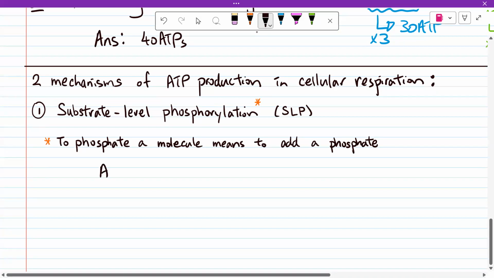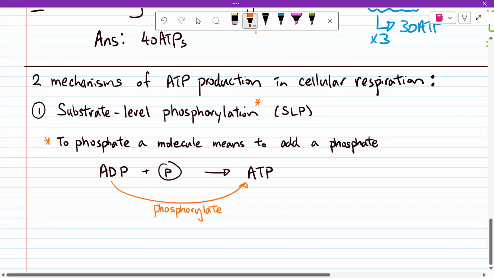So for example, ADP plus P, the phosphate, becomes ATP. So in this example, ADP is phosphorylated into ATP. That's what the word means.